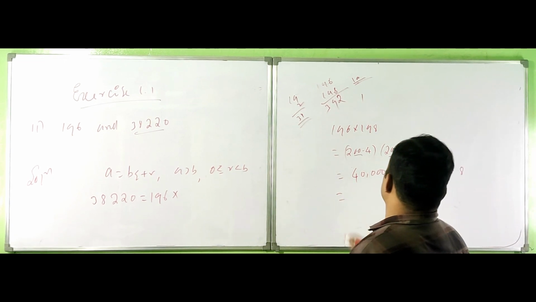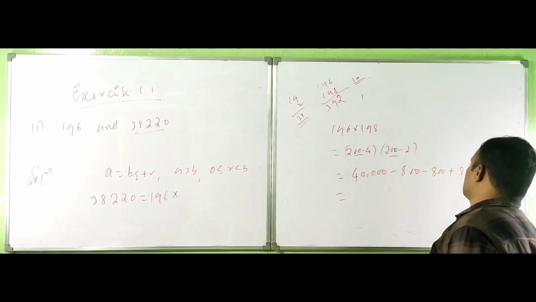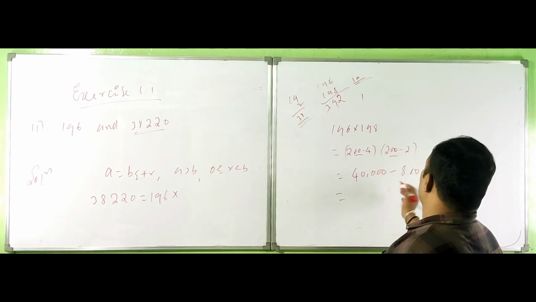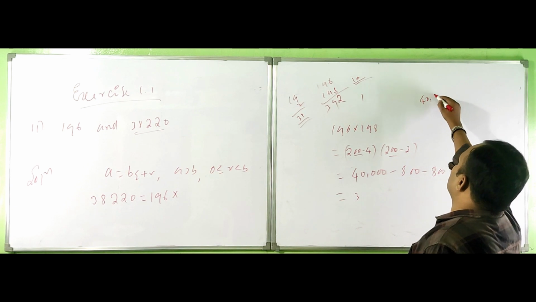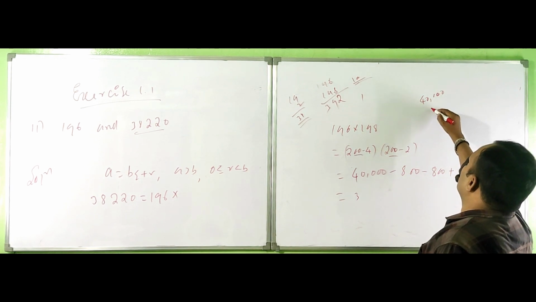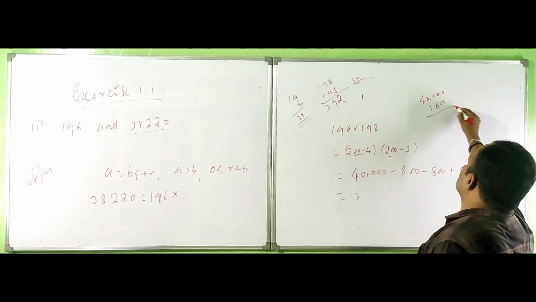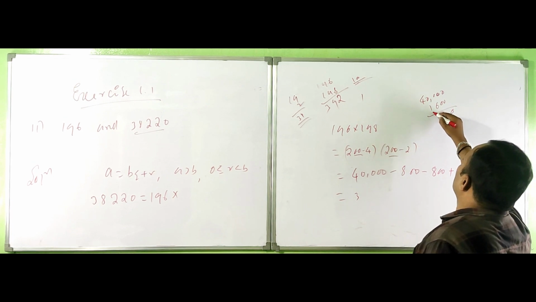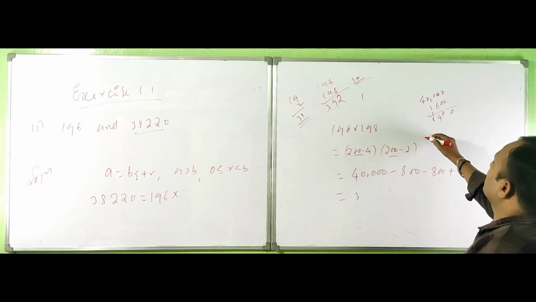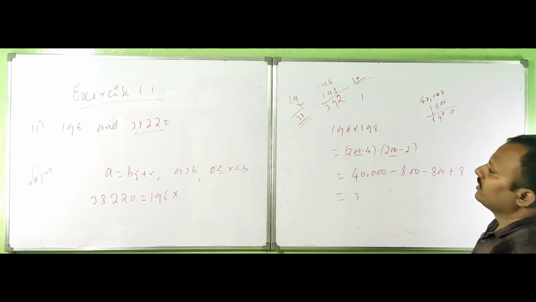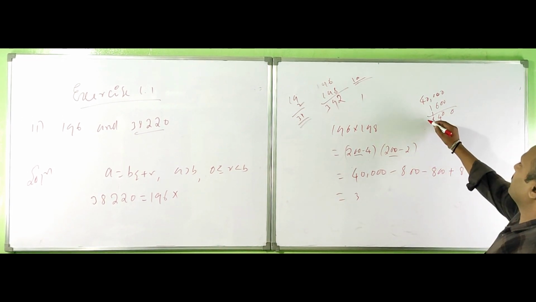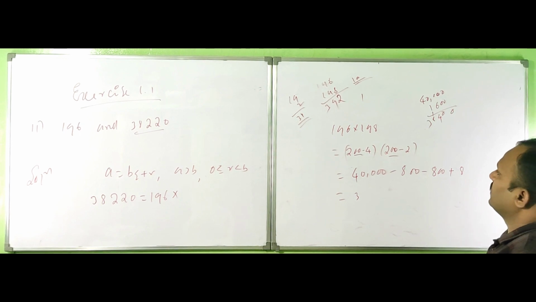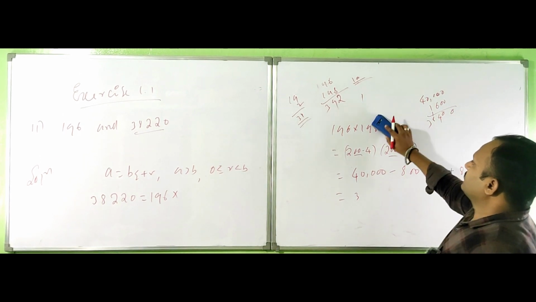So this becomes 40,000 minus 1,600. Oh, you are getting a bigger value now. 38440.